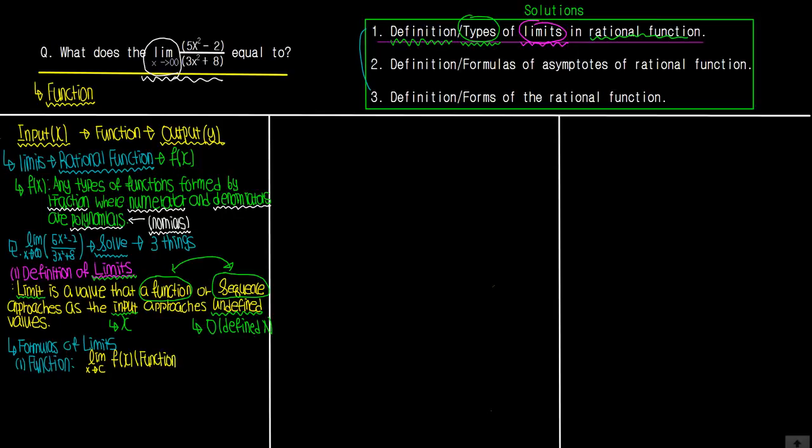Let's think about the second one, the formula for sequences. The definition of a sequence is a set of numbers that always satisfies its own pattern or equation. So the sequence limit is the limit as n approaches infinity of a of n.